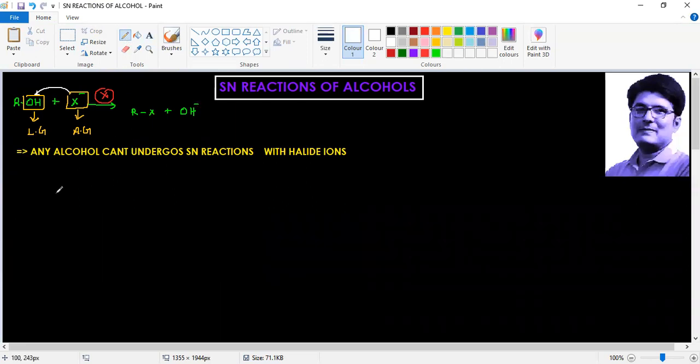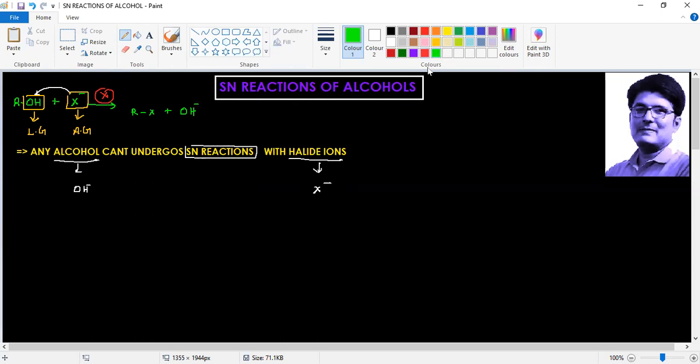Alcohols contain OH minus. These compounds cannot undergo nucleophilic substitution reactions with halide ions, with X minus. Why can't the alcohol group be replaced by halide ions?